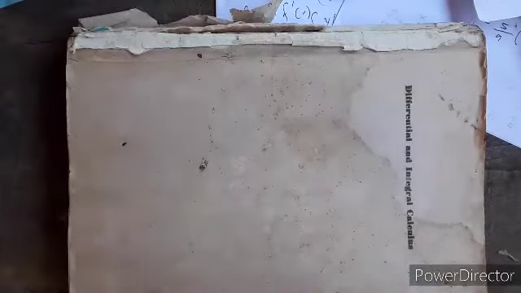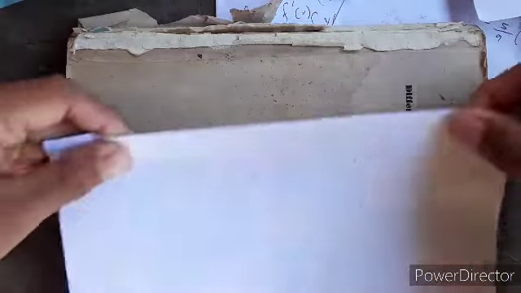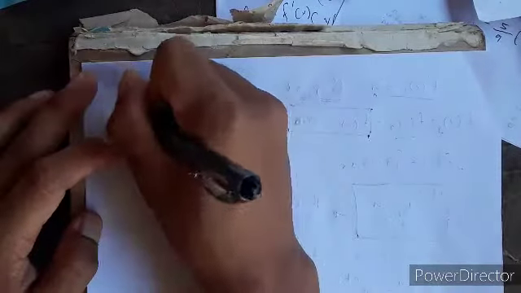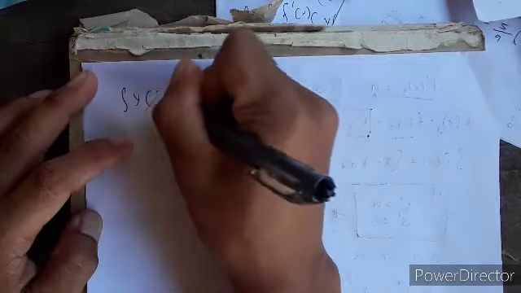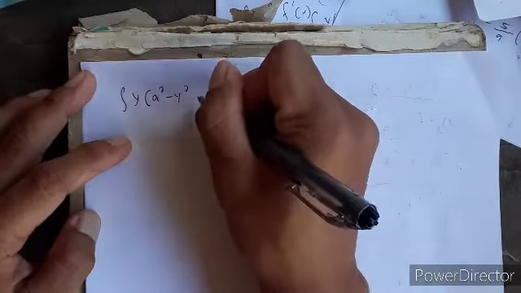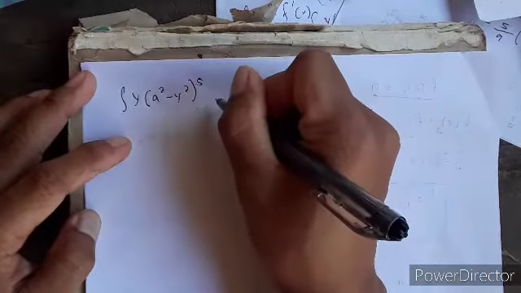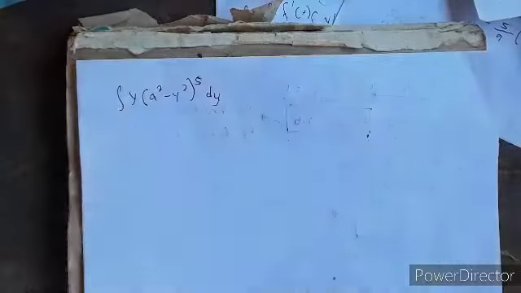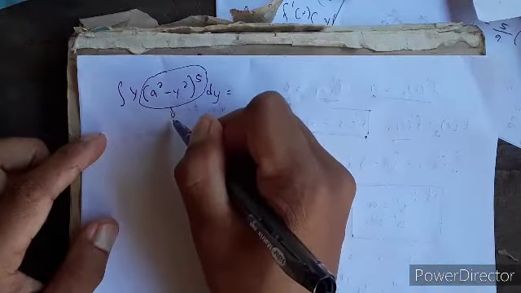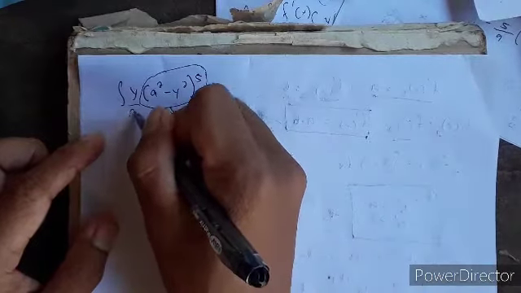So next, if we are going to integrate a product function, for example, we have the integral of y times a squared minus y squared raised to 5 dy. As you can see here, this is our b and this is our a.